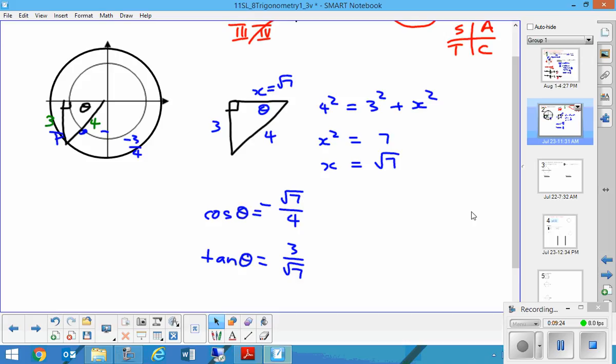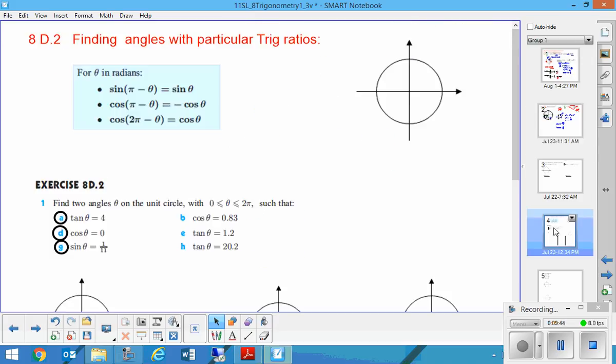So 2 ways of doing it. We could have set up our sine squared plus cos squared equals 1, or you can consider a triangle in that 3rd quadrant where theta is the reference angle back to the x-axis. So 2 methods for doing that. I'll leave this one for us to do in class.